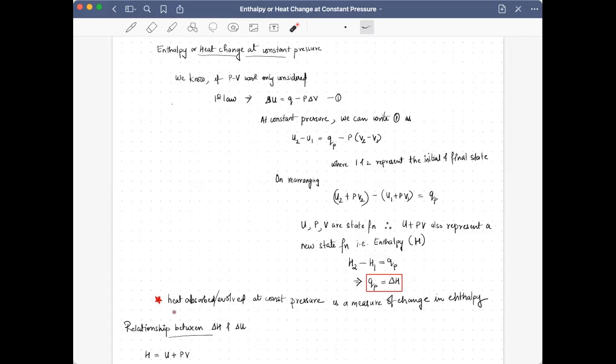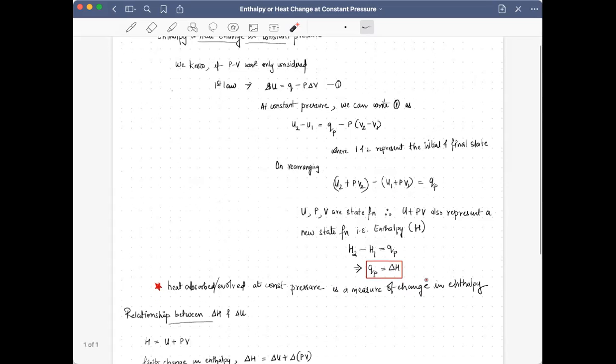So the statement is that heat absorbed or evolved at a constant pressure is a measure of the change in enthalpy. This equation is very, very important. Like constant volume, constant pressure also is very, very important.